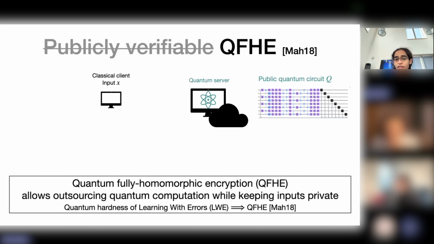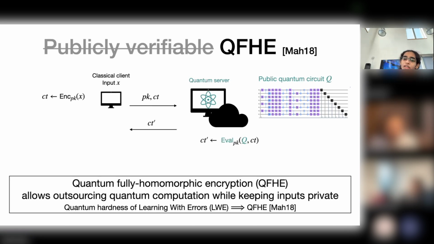There's this quantum server that is actually able to compute Q, but the classical client doesn't trust the server with its input X. So what QFHE does is it allows the client to encrypt its input into a ciphertext and send only the ciphertext to the server. And now the magic of QFHE is that the server is actually able to compute homomorphically this circuit Q on the ciphertext CT, under the hood of the encryption, to get this different ciphertext CT prime. And now when the client decrypts CT prime, it will get the output of Q on X.